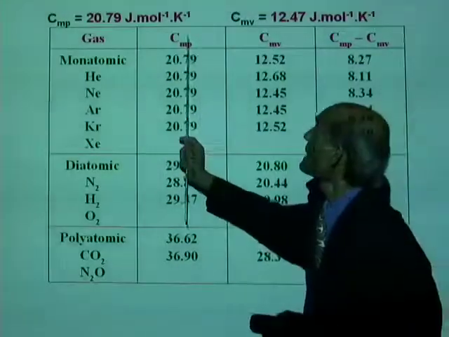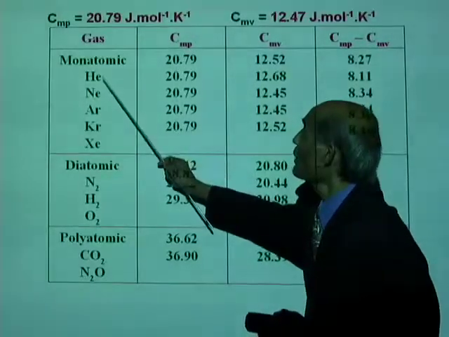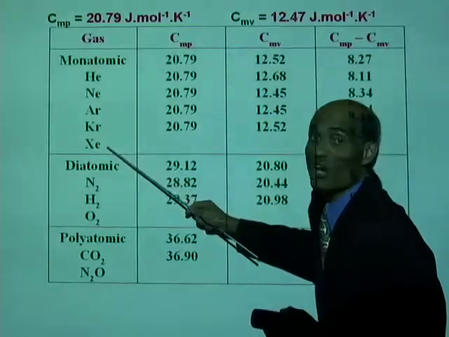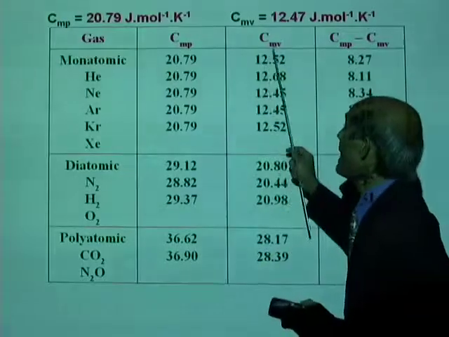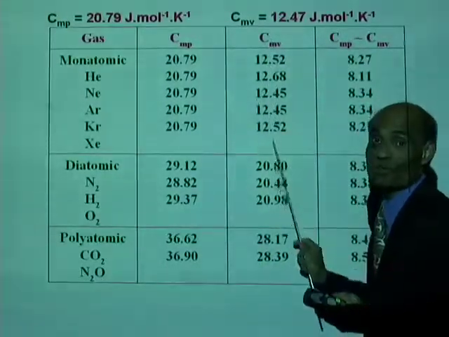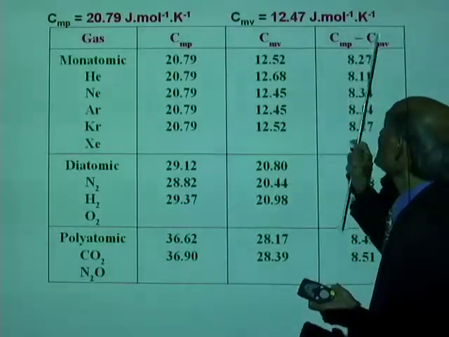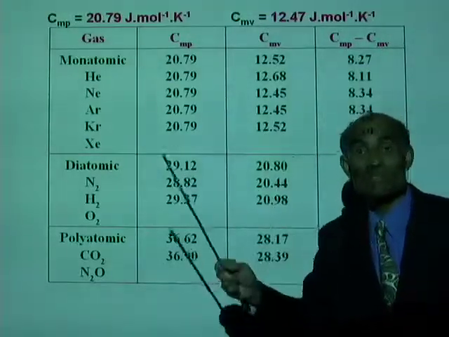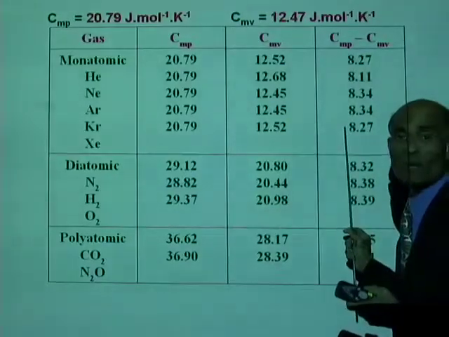You will notice that the heat capacity at constant pressure for helium, neon, argon, krypton, xenon, they all agree. And the heat capacity at constant volume also agrees. And look at this, Cmp minus Cmv is approximately R, and this is a good agreement.